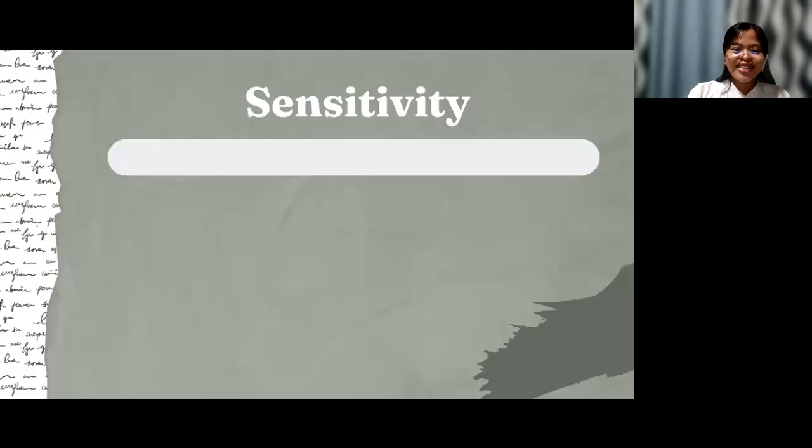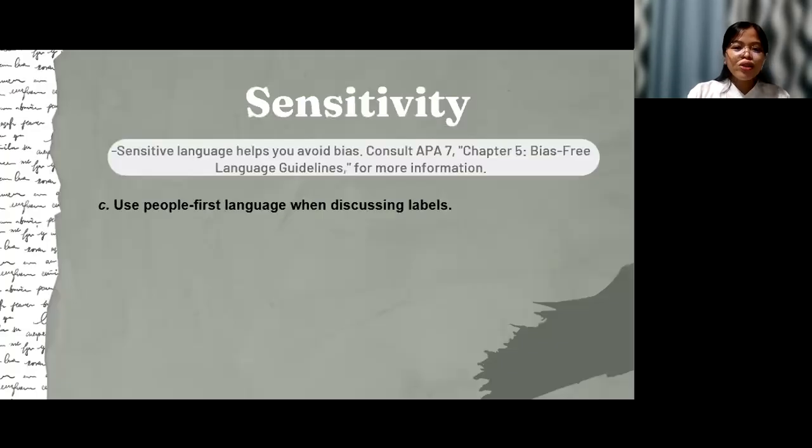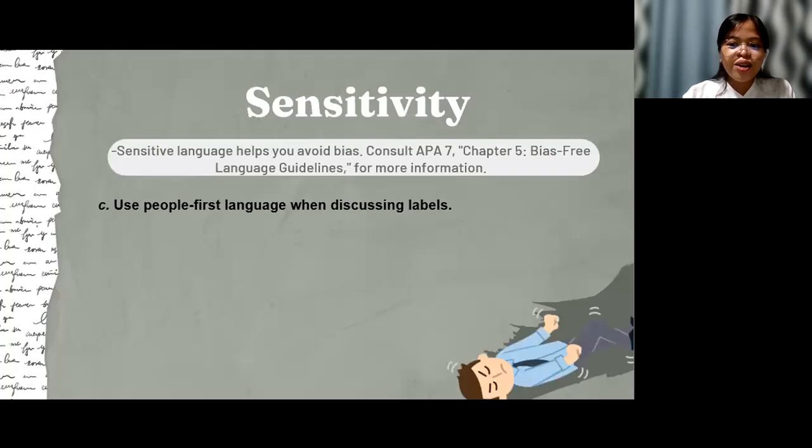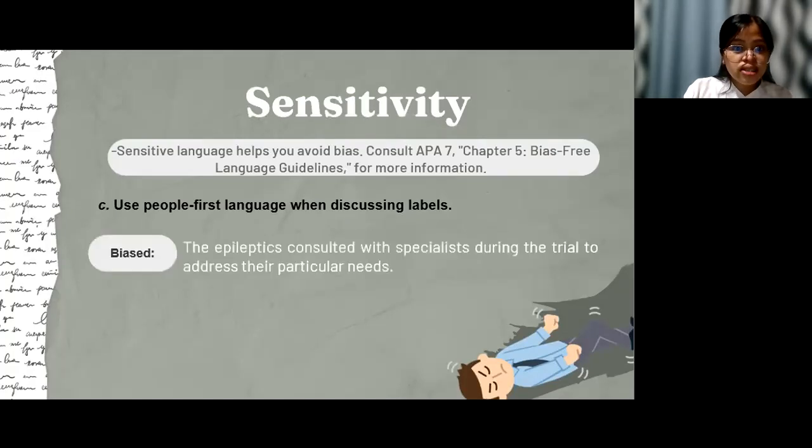Now, we have to use people-first language when discussing labels. This time, we'll be talking about medical terms. Do you see the picture below? If a man is having a seizure, what do you think is his medical condition? Epilepsy, correct. It is biased to say epileptics for a person who has epilepsy.